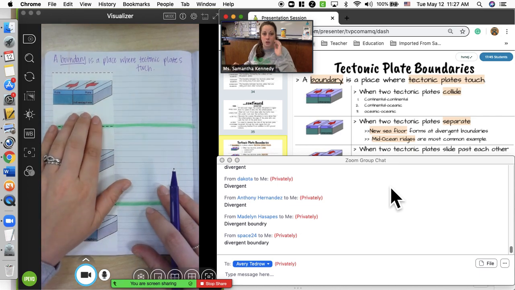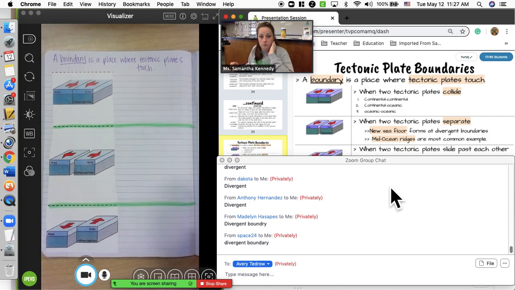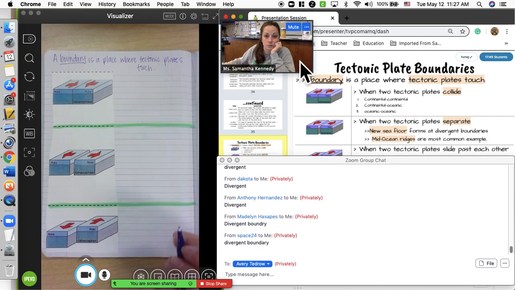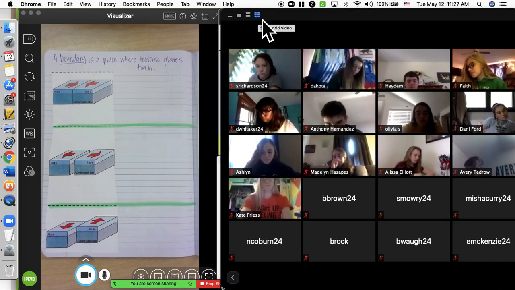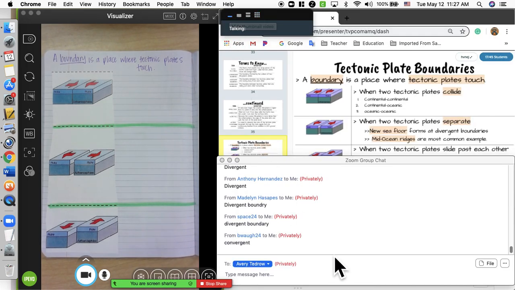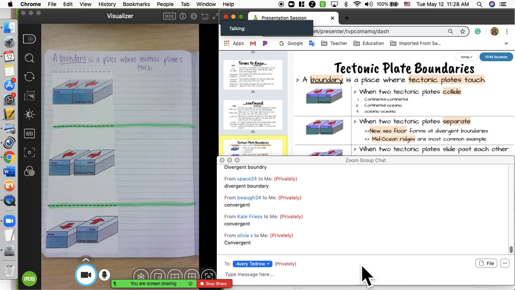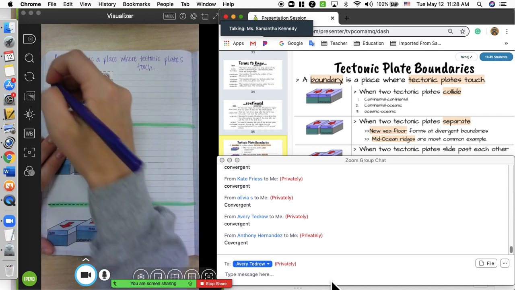Go ahead and drop that in the chat. Very good. Thank you for those of you who are responding to my chats before you're writing your notes. I do appreciate it. So this is going to be a convergent boundary.